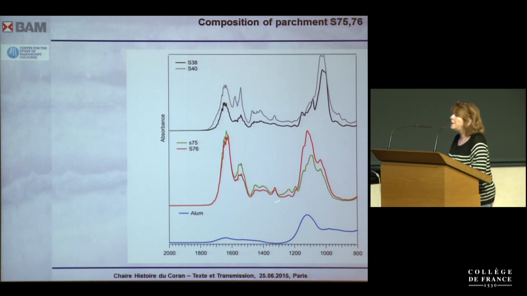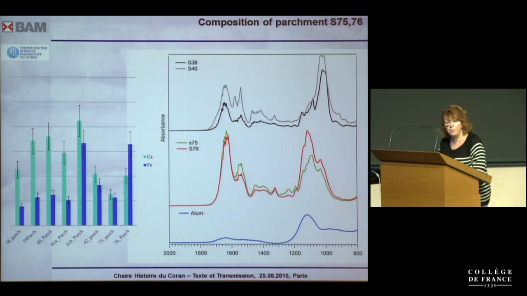They have an absolutely different type of composition, and this composition contains alum, which we also know from antiquity. If we look at the composition of this parchment, we find that there is some calcium involved, but calcium can be present in the parchment because it is skin and it is natural to have a little calcium.